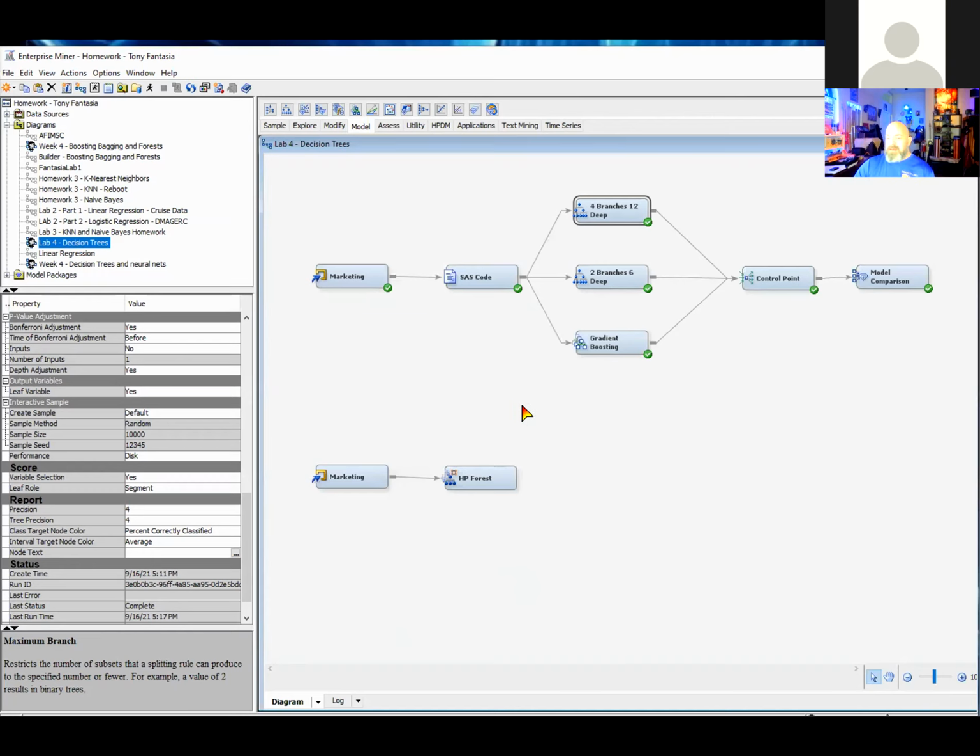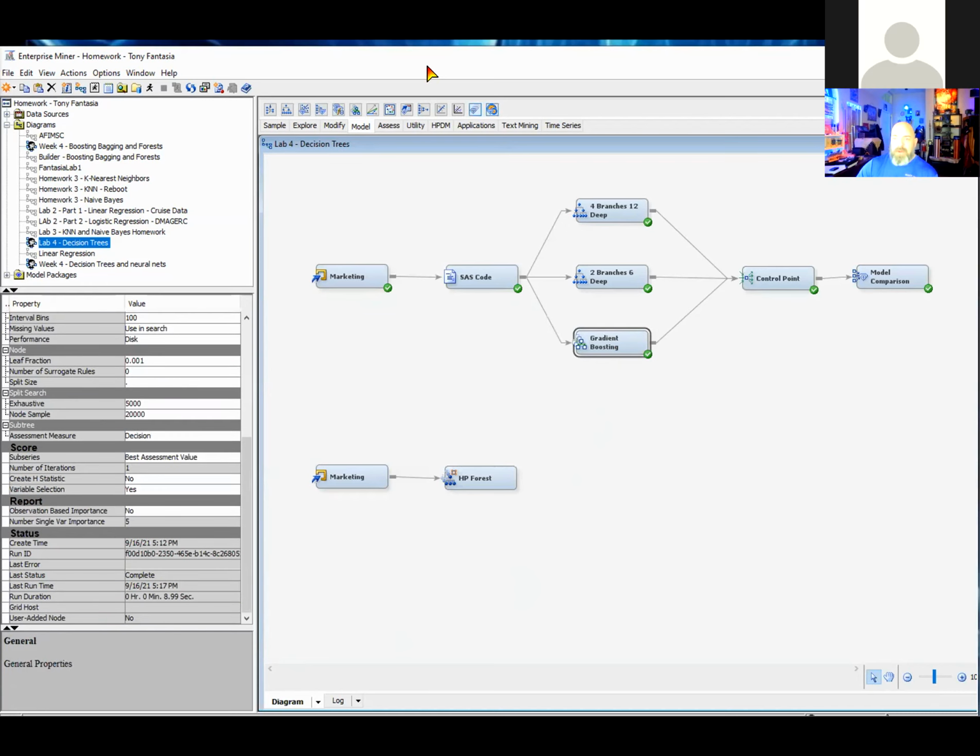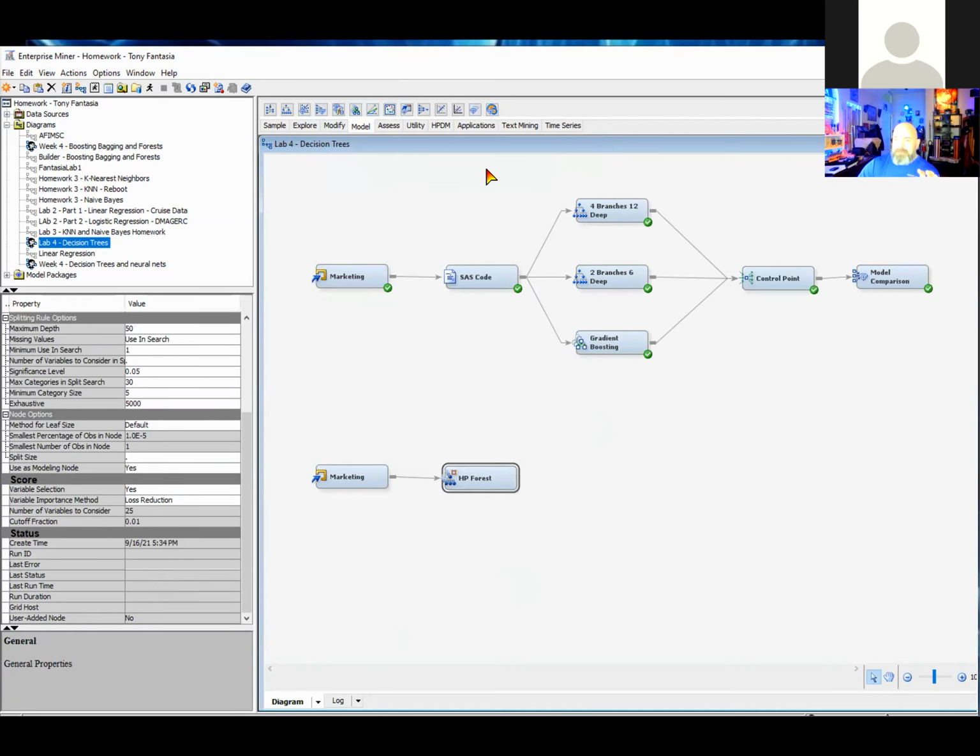All right, so then it wanted a gradient boosting. So for gradient boosting, where did I go for that? Model, yeah, back still in model. I brought down gradient boosting and attached it to that same SAS code. Now, originally I had this HP Forest from HPDM.